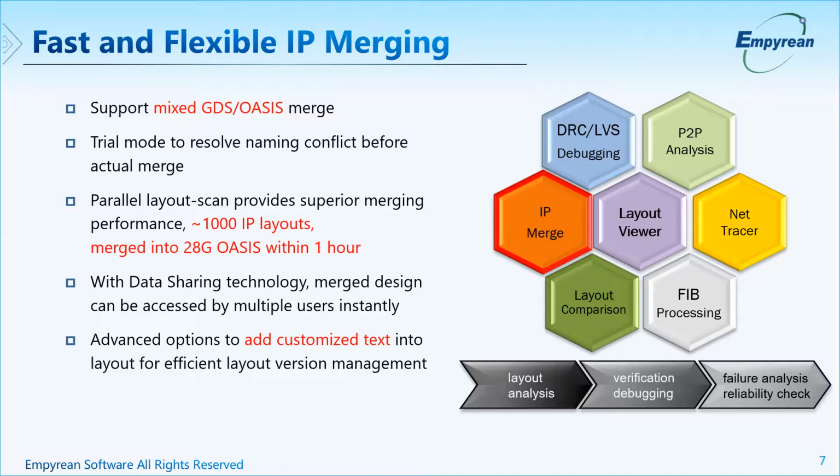You could utilize this feature to add any version-related info, such as IP version and source, library version, etc. Once added, Skipper can very quickly scan for this text info without having to open the layout.